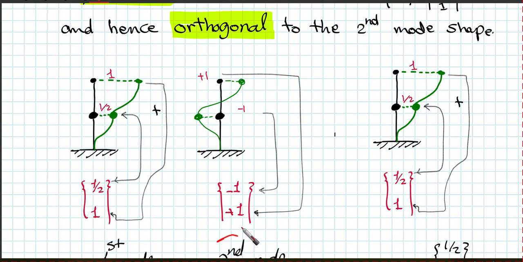As you can see here, we have -1 here and +1 here. If we say that this is the positive direction and this is the negative direction, then in this case we have -1 and 1.